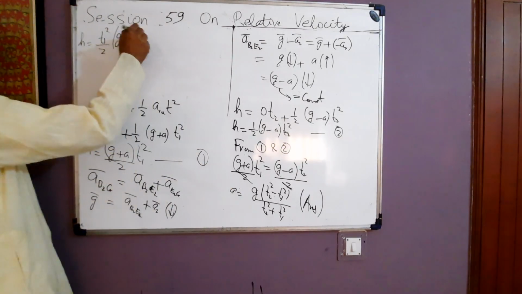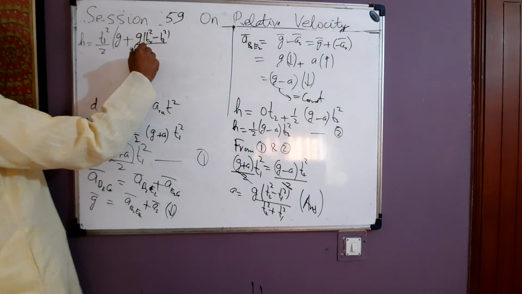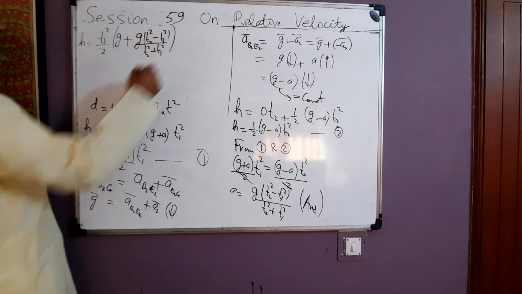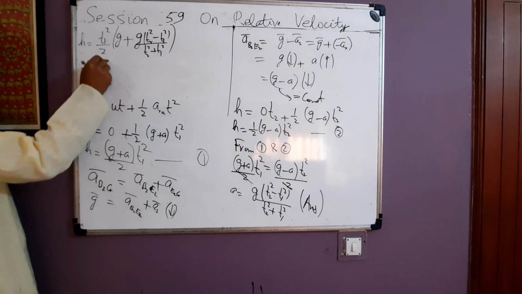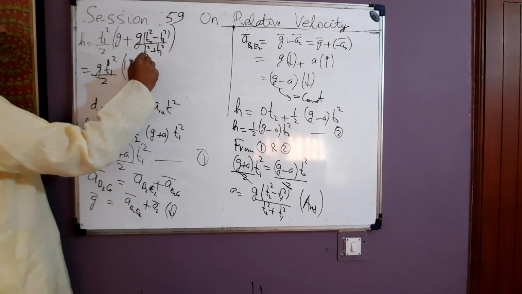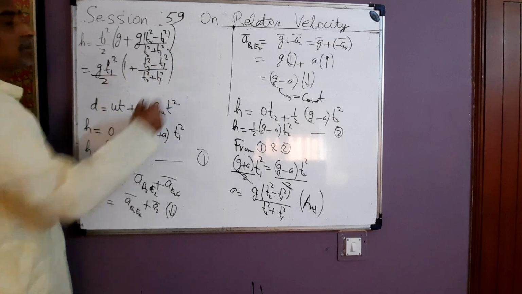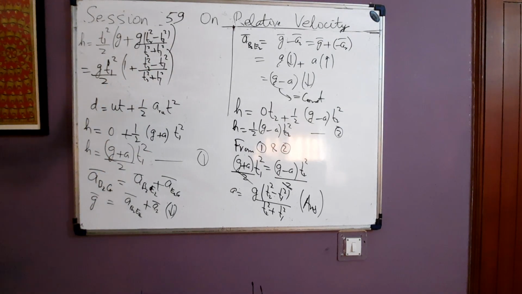Instead of a, we write g into (T2 square minus T1 square) by (T2 square plus T1 square). So that is equal to g T1 square by 2 times [1 plus (T2 square minus T1 square) by (T2 square plus T1 square)].